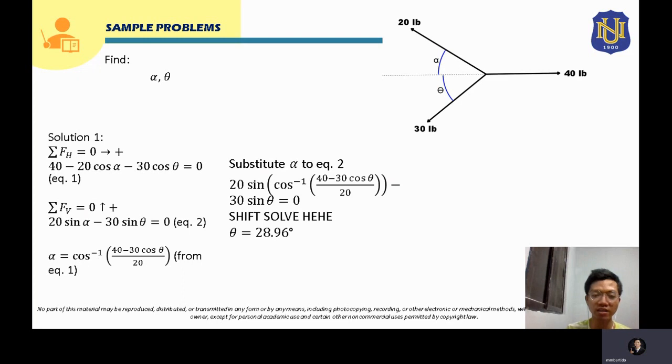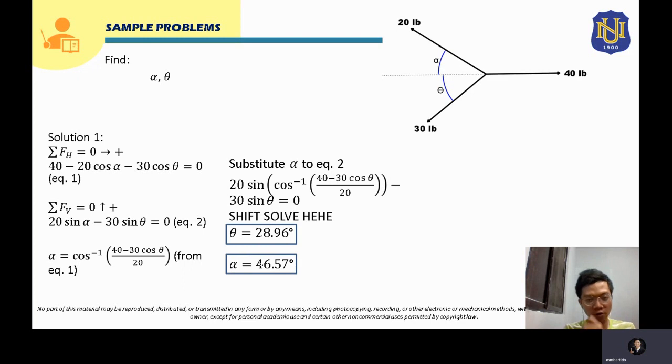So that will now be the value of theta. Now, since we already have the value of theta, we can substitute that theta to our formula for alpha. So to solve for alpha, this will be arc cosine of 40 minus 30 cosine of the theta that we obtained, over 20. So it will give us 46.57 degrees.